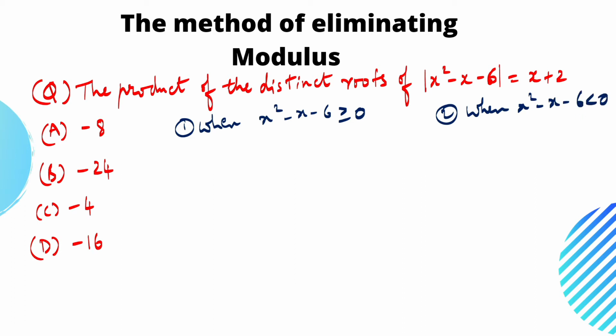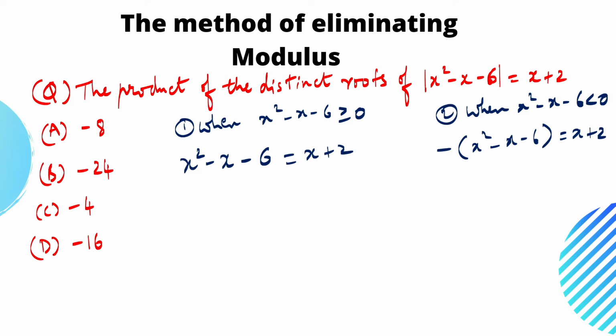So in the first case, what can we derive? We can derive x² − x − 6 = x + 2, whereas in the second case it is negative, so −(x² − x − 6) = x + 2.